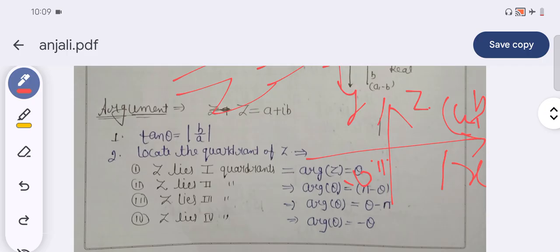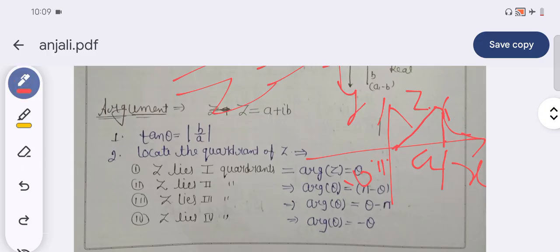When we join the line, the point on the real axis makes a right angle triangle, where the length along the positive real axis is a and the height is b.